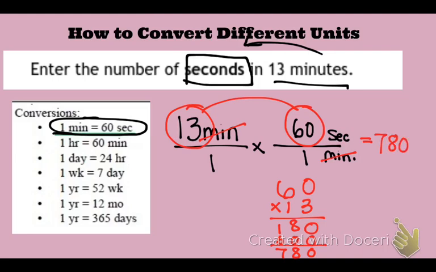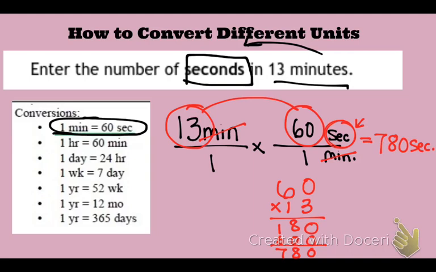What is my unit of measure? 780 seconds. So much like we have converted other units, length, weight, we convert time the same way. It's following that same formula, taking our known, multiplying it by a factor of 1 from our known conversion table to get our final answer.